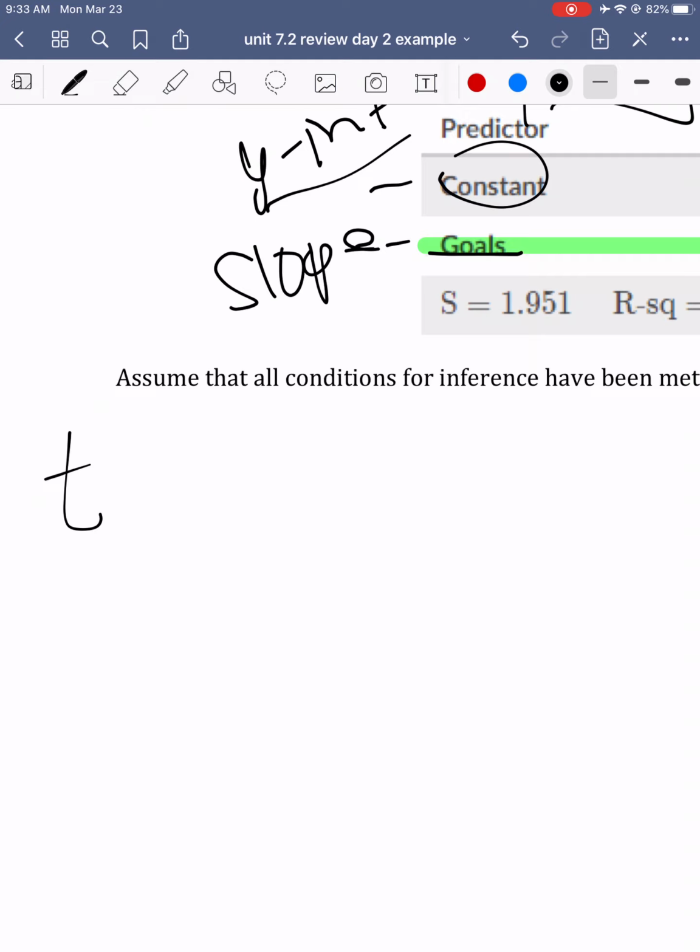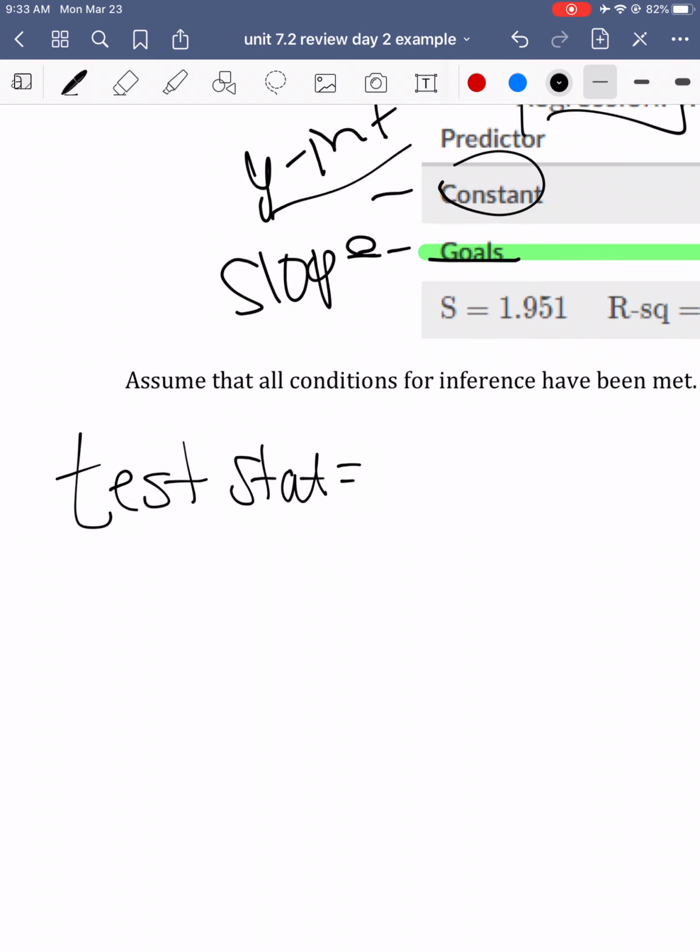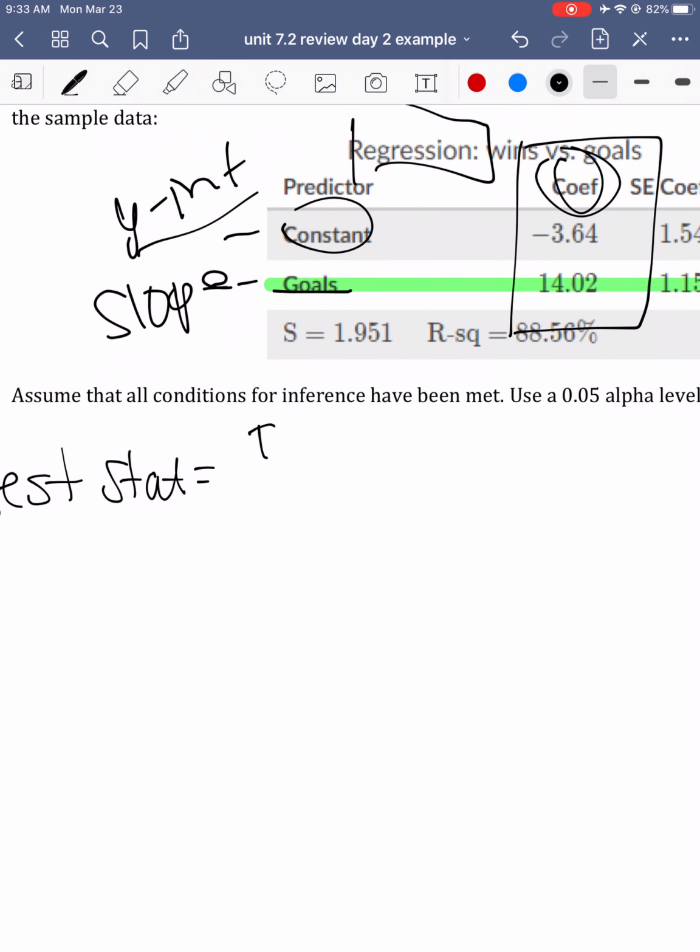So our test statistic formula, we know the general formula is equal to our statistic minus the parameter over the standard deviation of our sample.